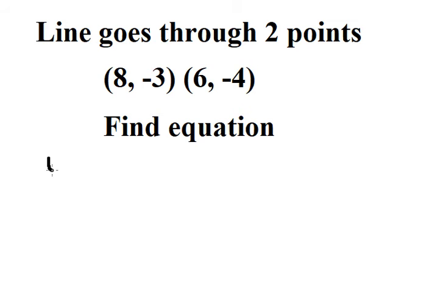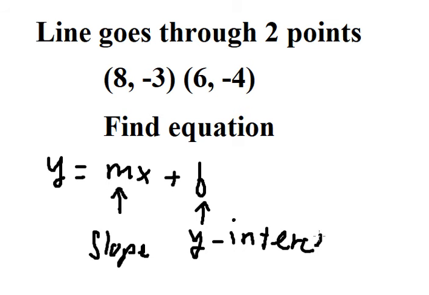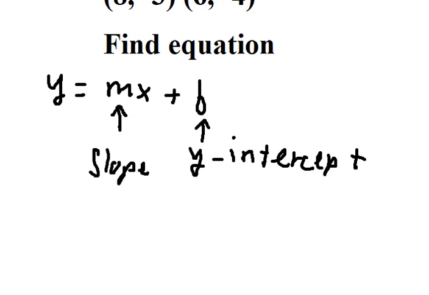First, we have y equals mx plus b. We know that m is the slope, and b is the y-intercept. So in this situation, we need to concentrate on the slope.